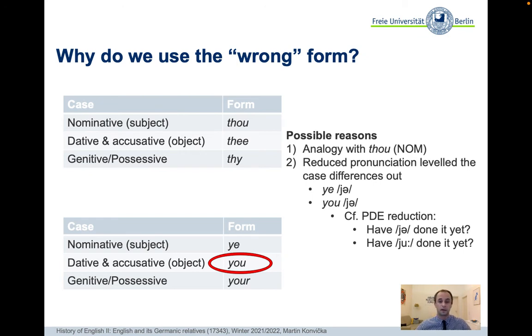The reasons for that can be different. This could also be a topic for a term paper, but this is really something that is weird, and you might imagine that people at that time, 18th century, 17th century, were not all happy about this change.